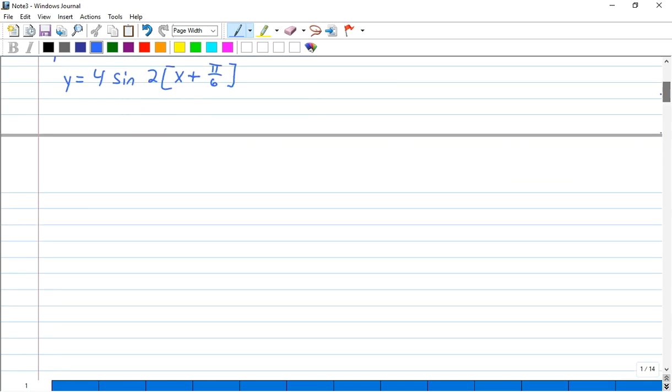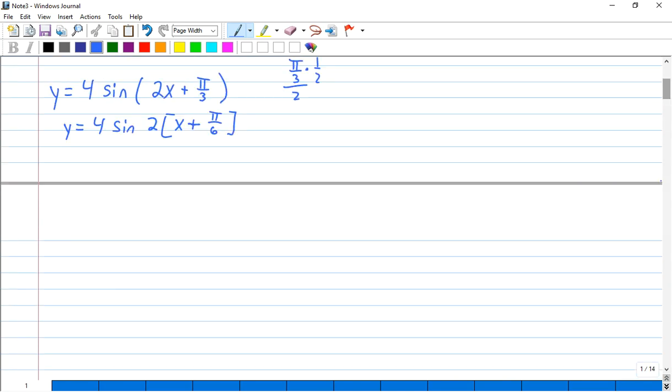Alright, the phase shift, or your new starting point, that's really what the phase shift is. So if you ever say phase shift equals, really what we're saying in layman's terms, or in regular old words, is that that's going to be our new starting point of our graph.